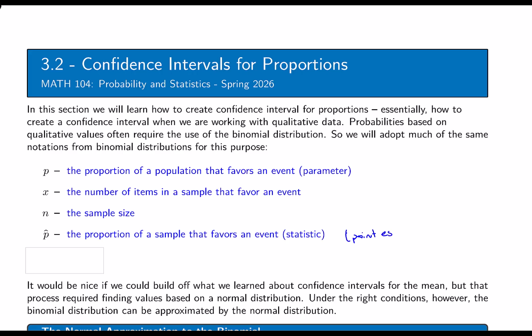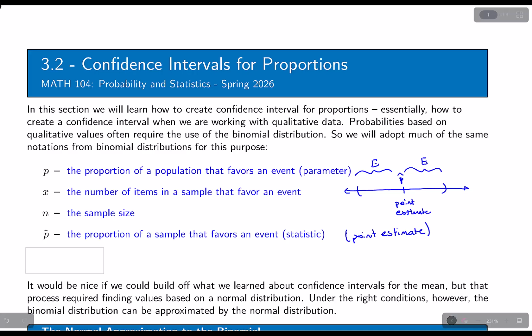Recall that when we create a confidence interval, we have a center value, which is our point estimate. In this case, the point estimate is P hat. And then we couple that with a margin of error. This distance out to the outer endpoints of our interval here is our margin of error. Together that creates our confidence interval.